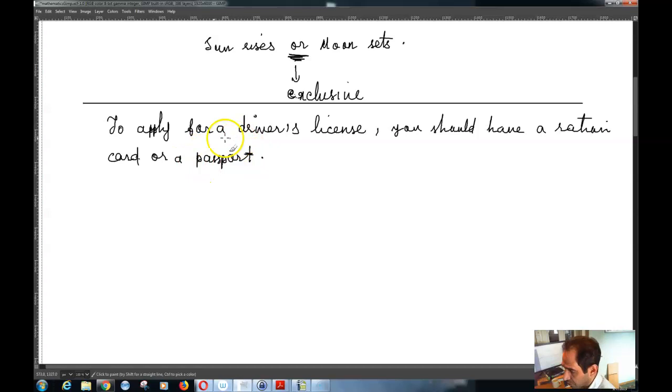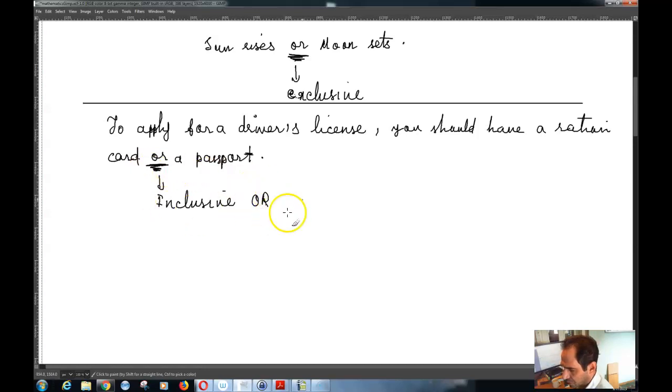But maybe with the passport it's also possible. Anyway, based on the answer, it seems that this or over here is an inclusive or.